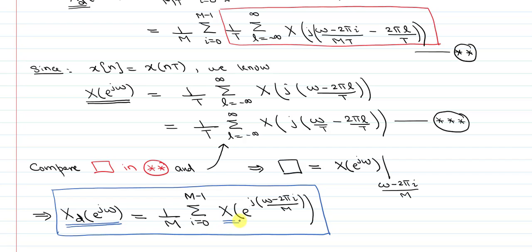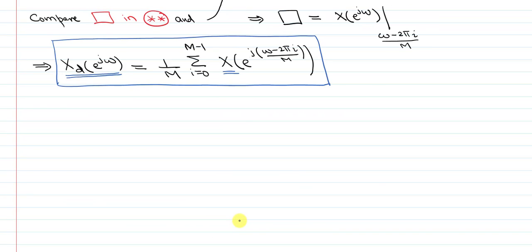So I now no longer need to actually think about the continuous time signal. Given a discrete time signal and its DTFT, I can actually compute the DTFT of my downsampled signal. Now let's stare at this boxed expression to figure out what it is telling us.